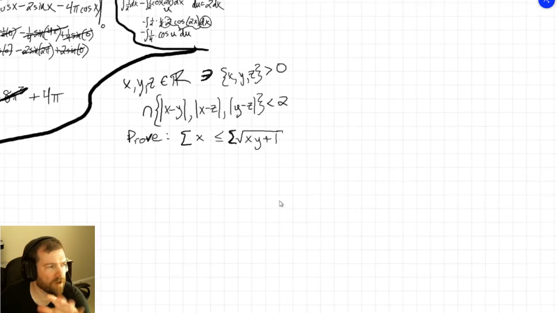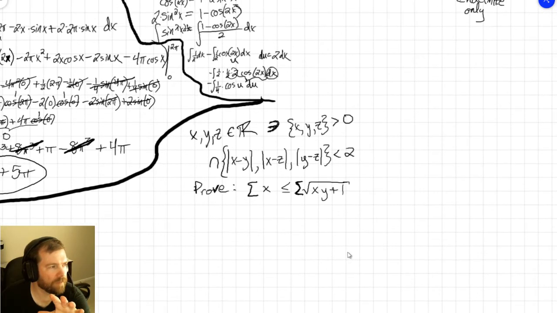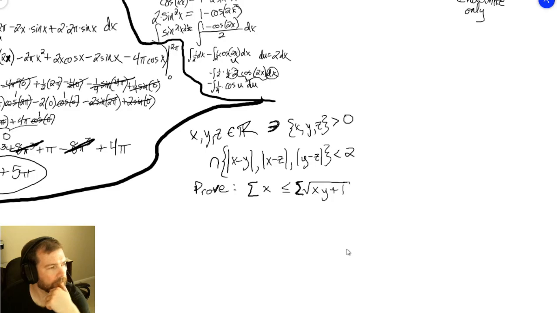I'm guessing that there are other ones in here that involve Z. It's just that this one they didn't want you to. Yeah, okay. So the sum of all possible x's, I think, are going to be less than or equal to the sum of all possible square root of xy plus 1? Maybe?